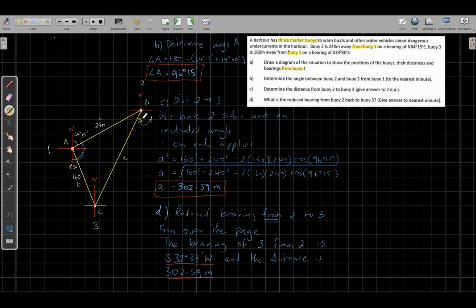Then I looked at buoy 3. Buoy 3 is 160 away from buoy 1 on a bearing of south 19°30'. So once again, south 19°30' is south, back this way about 20 degrees. That's a little bit less than 30 degrees in there roughly, about 20 degrees, okay?